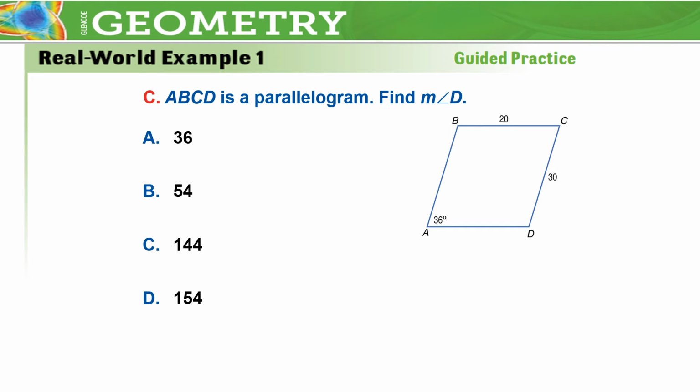Here we want to find the measure of angle D. Does angle D equal angle A? No, angle D and angle A are two consecutive angles in a parallelogram, so their sum is 180. To find the measure of angle D, subtract 36 from 180, and you will get 144.